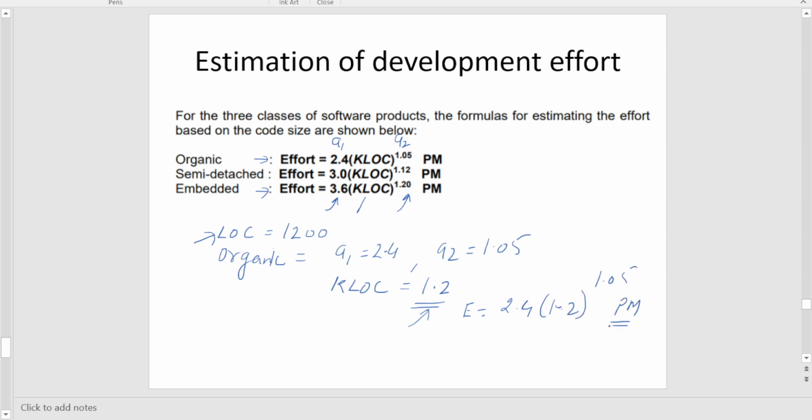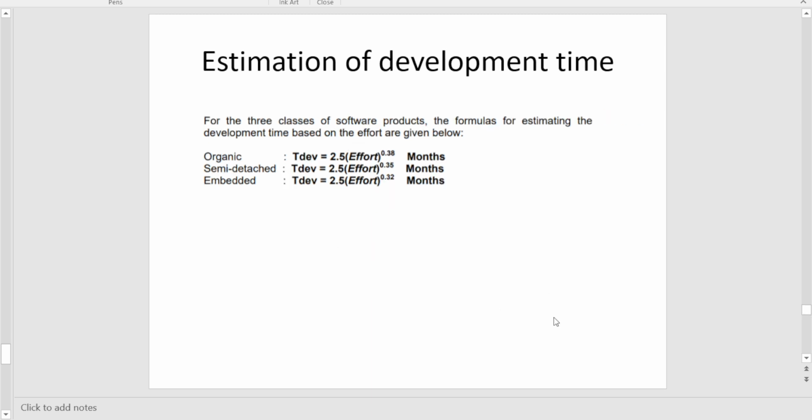So this is the value of effort, and we will see the value of the time also. If you have three different equations for three different values of effort, likewise you have three different values for the TDEV. The interesting thing is, for the TDEV, the value of B1 is the same. The value of B2 changes. So the value of B1 was 2.5 and the value of B2 was 0.38.